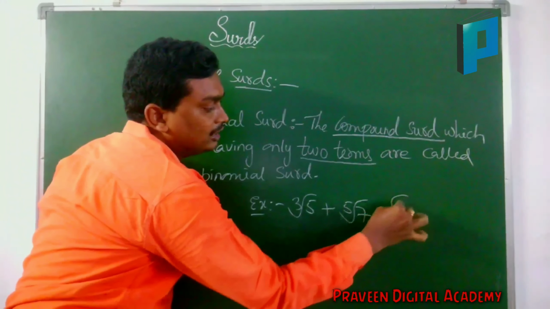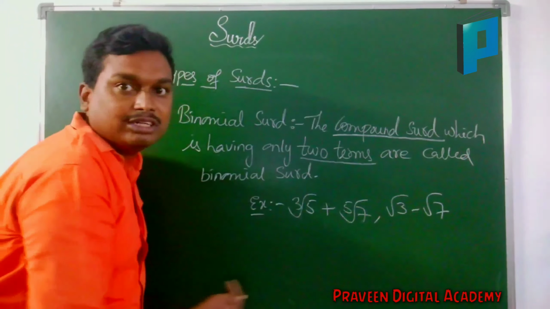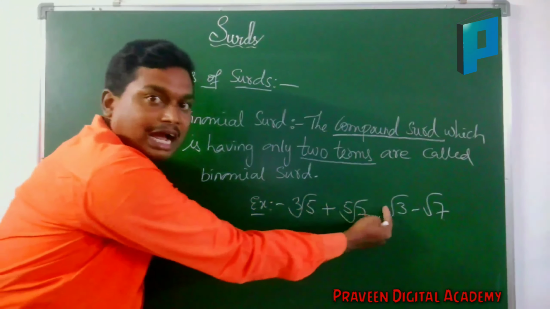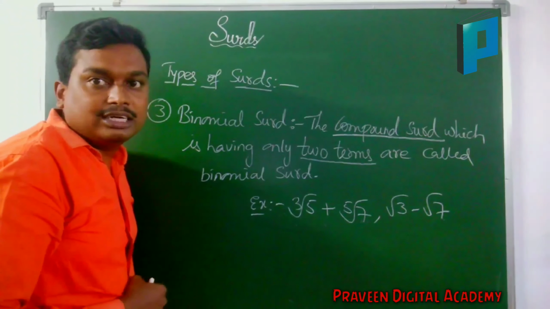If you are having root 3 minus root 7, this root 3 is one term and this root 7 is one term. Root 3 minus root 7 are two terms, so this comes under binomial surd. A compound surd with two terms is called a binomial surd.